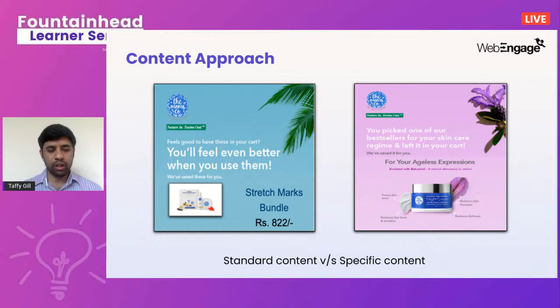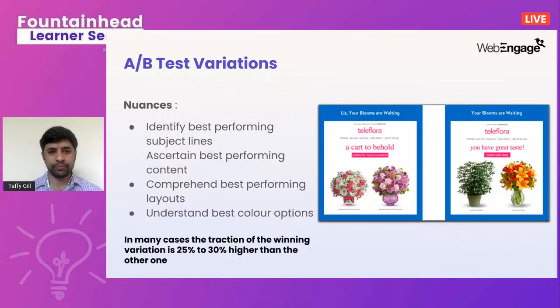So that's again something that you can A/B test with. In a lot of cases, consumers might not like a lot of information in the template, but a lot of consumers on the other hand might like to be sensitized about what all ingredients are going into making that product, or what all are the effects that it's going to have. So again, you can actually A/B test whether standard content is working better for you or a more specific content.